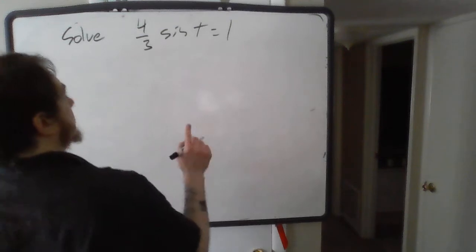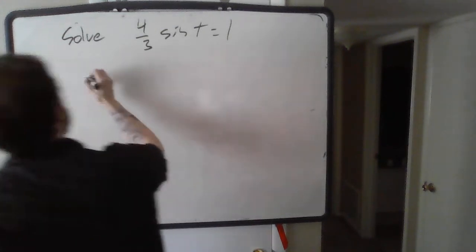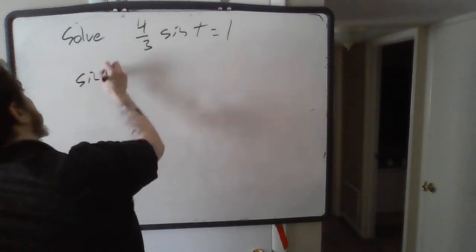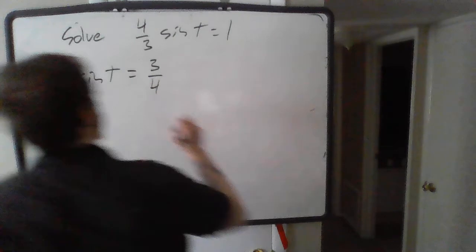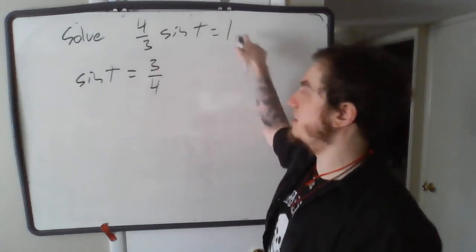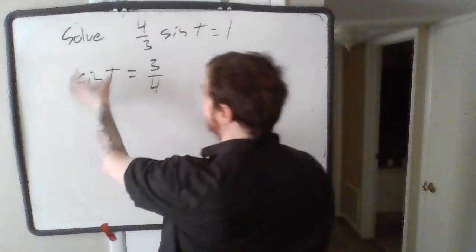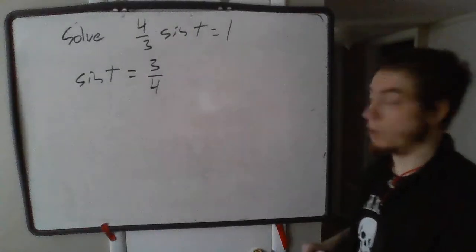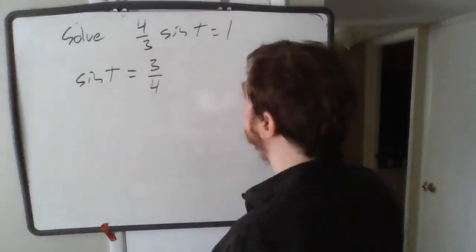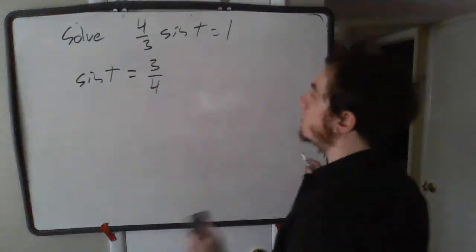So hopefully you were able to figure this out. The first step is to simplify this to say that sine of t equals 3/4, because I can just multiply both sides by 3/4, and that way I have sine of something equals something. The next step is to use what we just said.